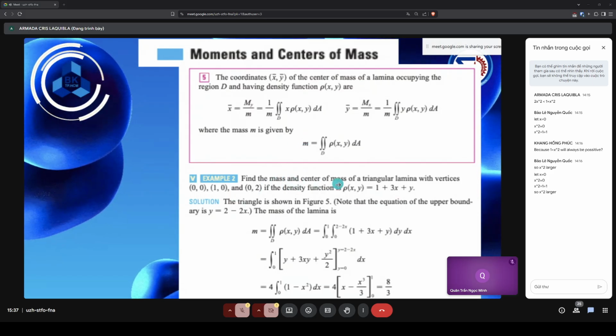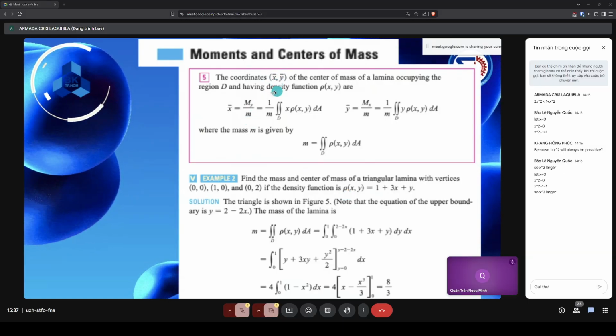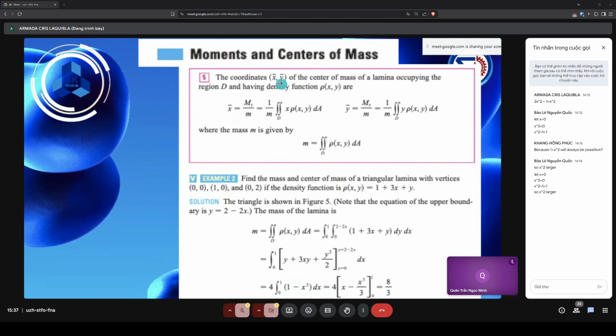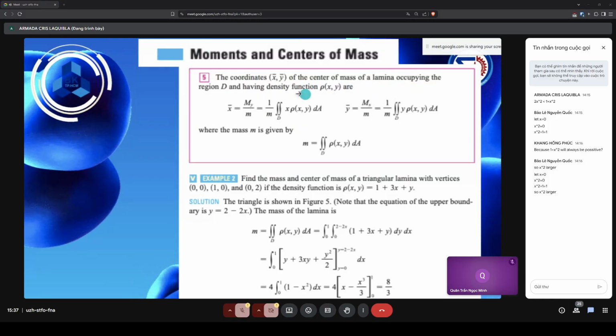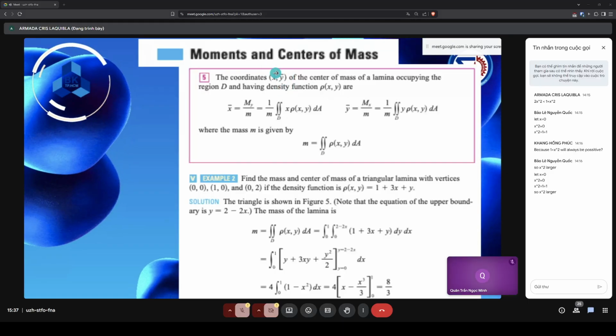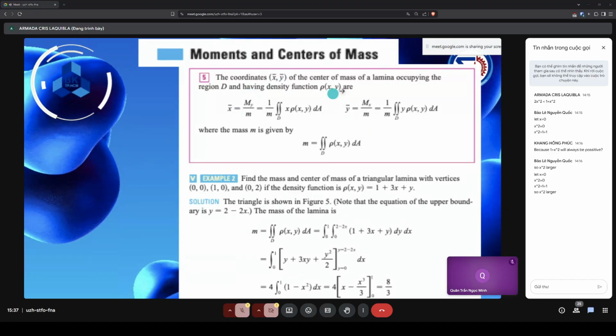If we find the center of mass, class, it is this coordinate, the x bar, y bar. The coordinates x bar, y bar of the center of mass of the lamina. So we have to solve the x bar and then y bar.